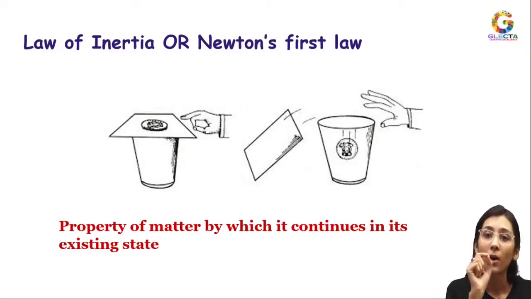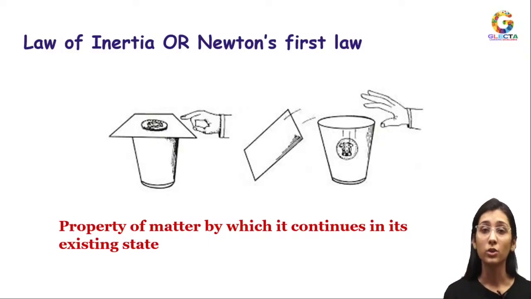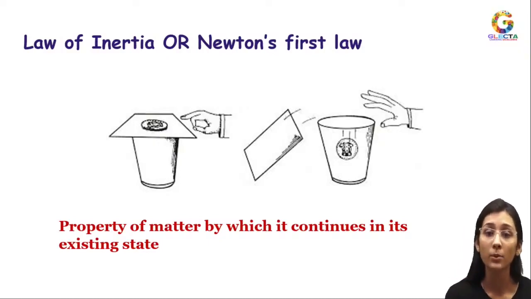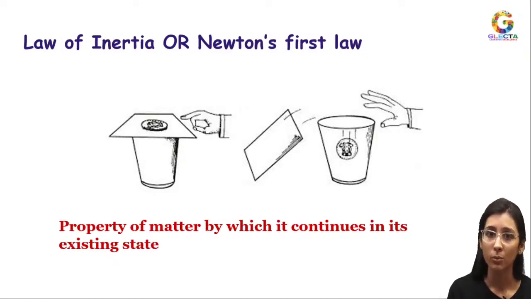Because it requires time, just like I told in the previous example, in the bus. What happened? When the bus stopped, you needed a few seconds to match with the state of the bus. Same as with this coin. It needs some time to match with the state of the paper. If the paper was at rest, the coin was also at rest with the paper.